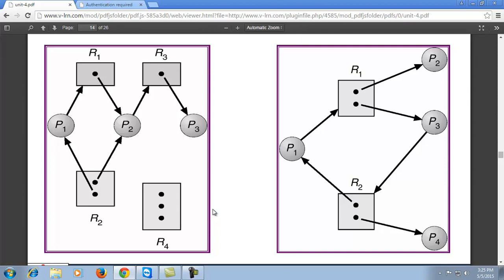R1 implies P2 means the R1 resource is held by P2. P2 implies R3 means P2 is requesting access to R3, and R3 implies P3 means the R3 resource is held by the P3 process. Every resource is held by one process while requesting another resource. So this is the condition of deadlock.